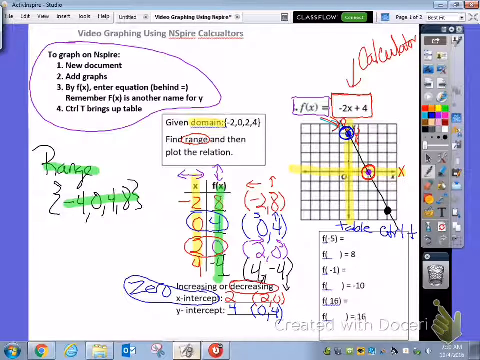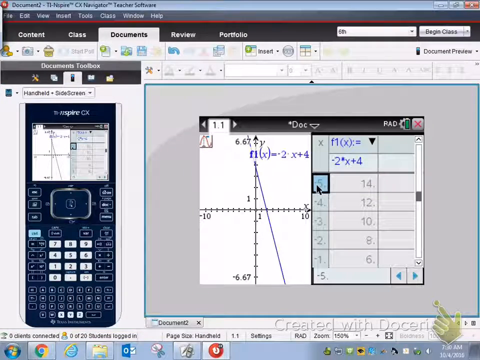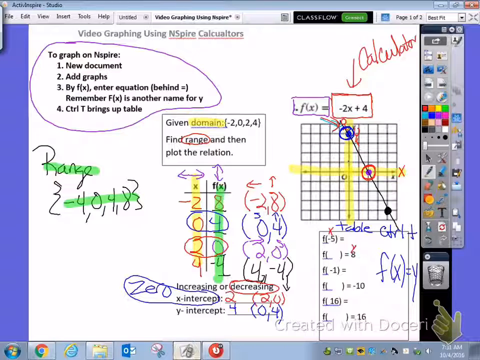Remember that in function notation, it's always f of x equals y. Whatever's in the parentheses is your x. Whatever is outside your parentheses is your y. So I'm going to go up to where x is negative 5. When x is negative 5, y is 14. So I'm going to put 14 right here.